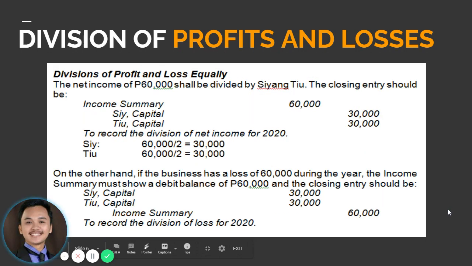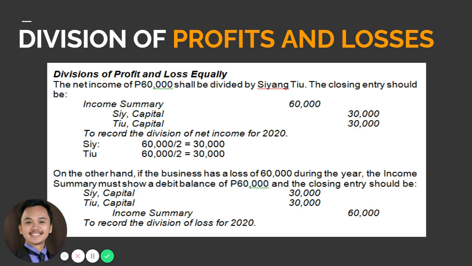To continue the illustration, let us say the assumption of dividing the profit is equally. So the net income of 60,000 shall be divided by Say and Chu equally. From 60,000, you simply divide the 60,000 by 2 to compute the net income to be distributed to the partners.